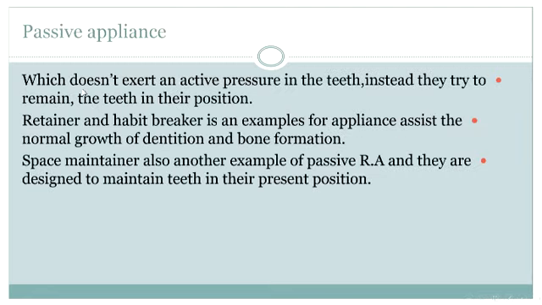Passive appliances do not exert active pressure on the teeth; instead they try to retain the teeth in their position. A retainer and a habit breaker are good examples of these appliances. They assist the normal growth of the dentition and bone formation, especially in early orthodontic treatment.